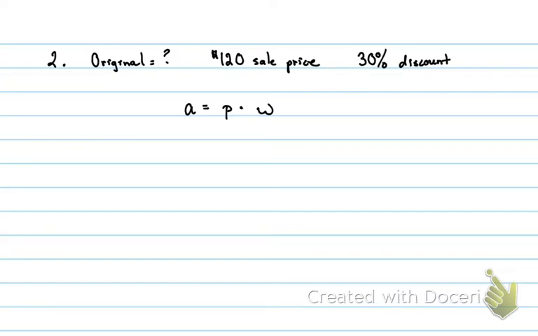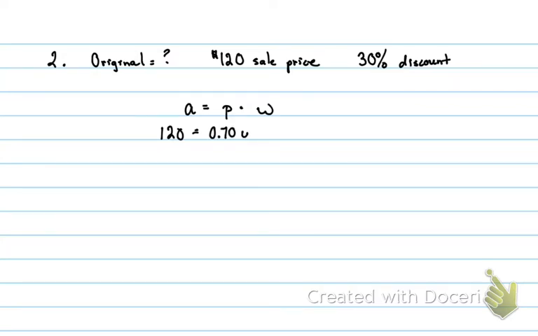Gets plugged in for which one, guys? A or W? A, because that's what I paid. That's the sale price. Equals what percent did I pay if it was a 30% discount? What percent did I pay? 70%. So plug in 0.70 or just 0.7.